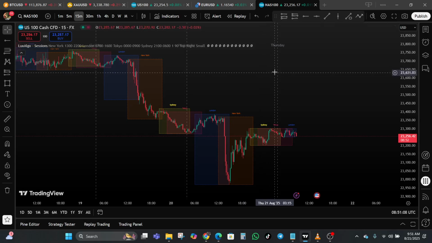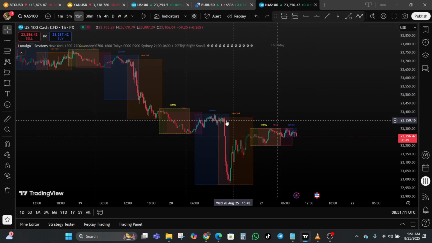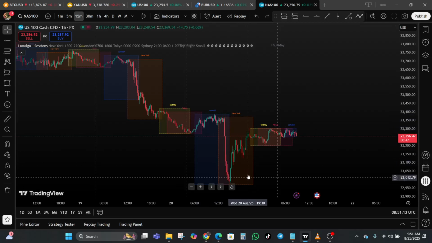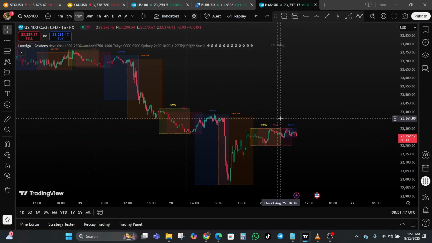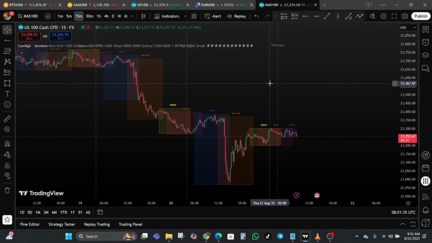Price will often run liquidity above previous highs or previous lows before making its real move. Identifying where liquidity sits on your chart is the first step in applying the ICT indices strategy.